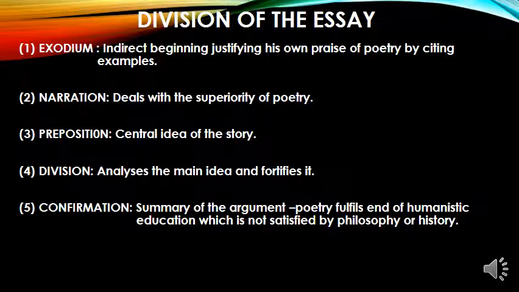Now, if you see, the entire essay was divided into 5 parts. The first part was called Exordium, which was introduction. Second was called narration, which deals with the superiority of poetry. Third part of the essay is the preposition, wherein the writer deals with the central idea, the crux of the essay, and that is of course a defense against Gosson, a defense for poetry.